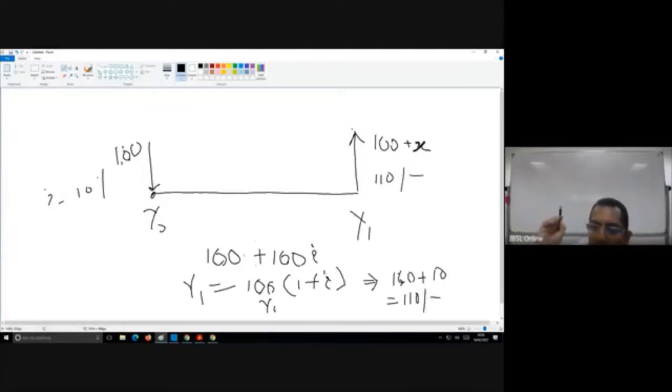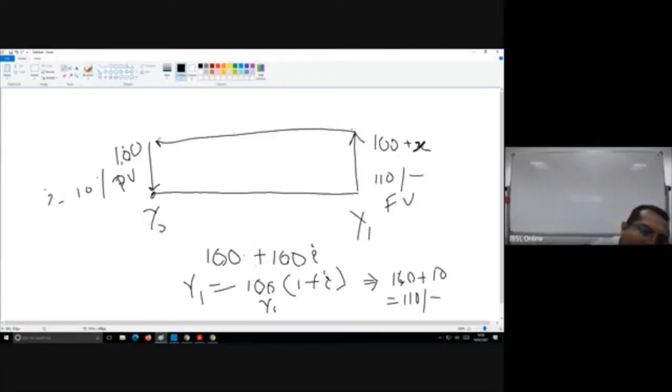We call this one future value, this one present value, right? That means what is the value we will get today, bringing future value converted to today's value, which is the present value.